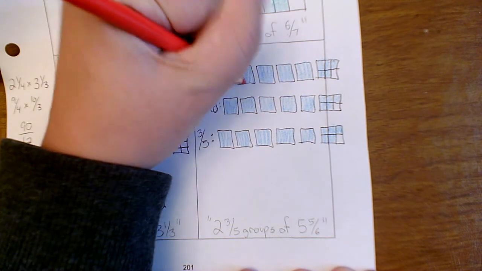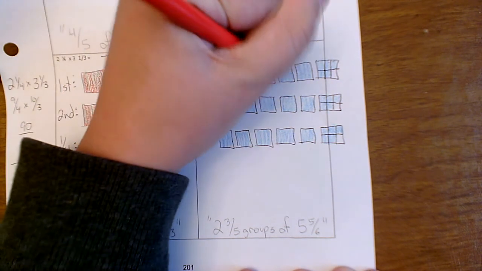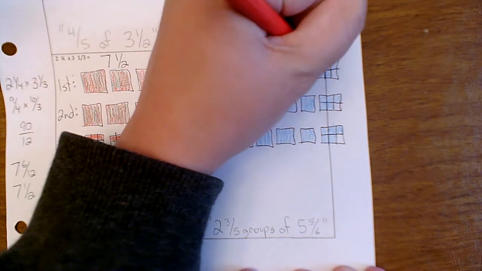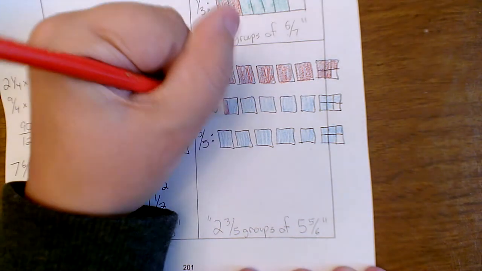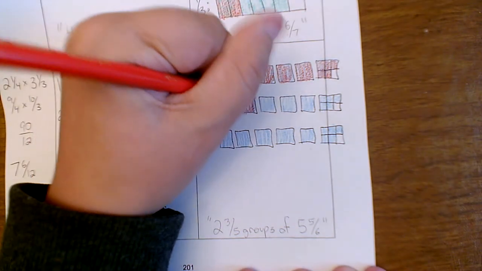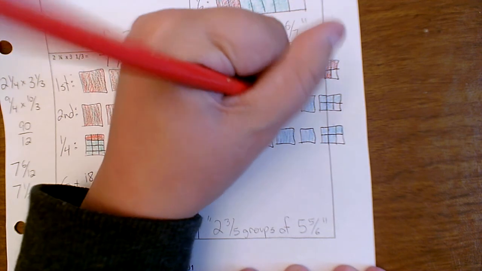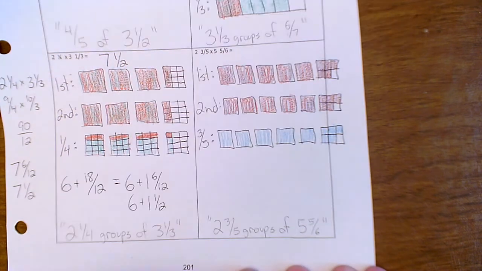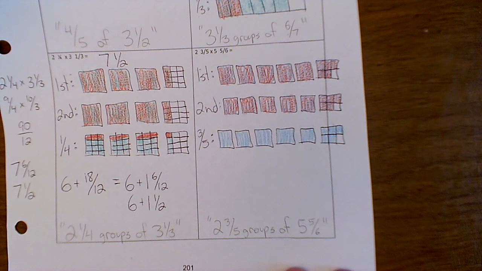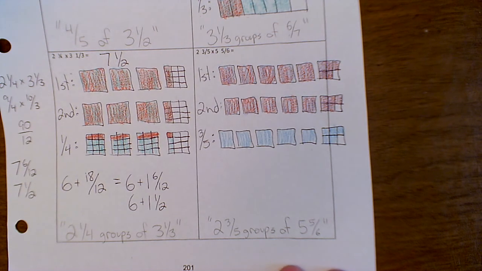So we are going to take 1 full group of 5 5/6, and then we're taking a second full group of 5 5/6. And then we need 3/5 of the remaining 5 5/6.